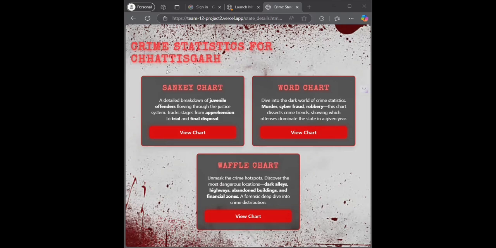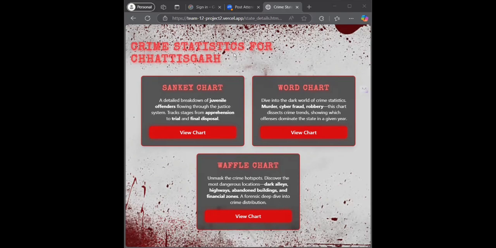Out of the three questions, one of the questions we planned on answering was to visualize the region of occurrence of crime in a state, like roadways, highways, banks, rivers, etc. Using a waffle chart, a powerful visualization tool that unravels crime patterns across different locations within a state, we represent crime occurrences in different locations for a selected state and year.